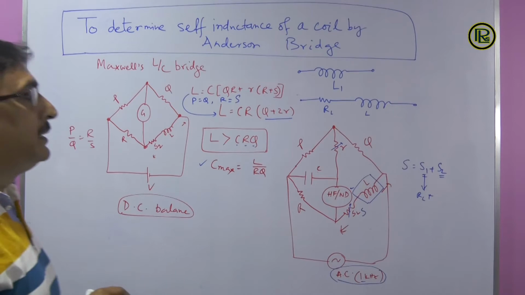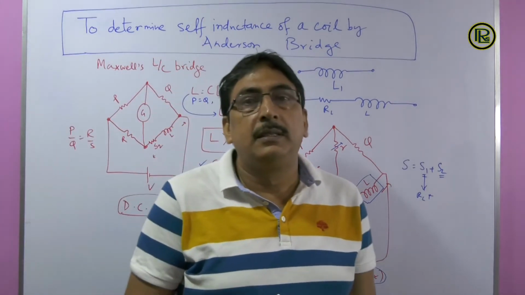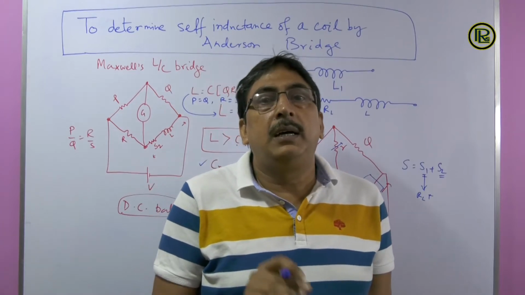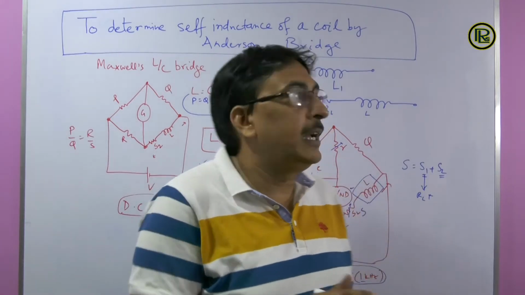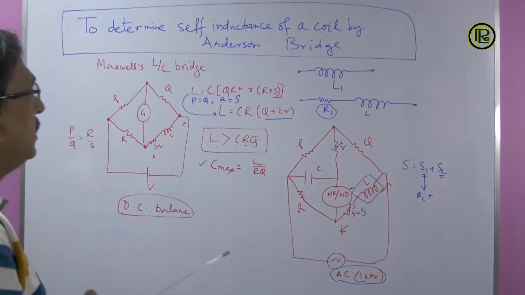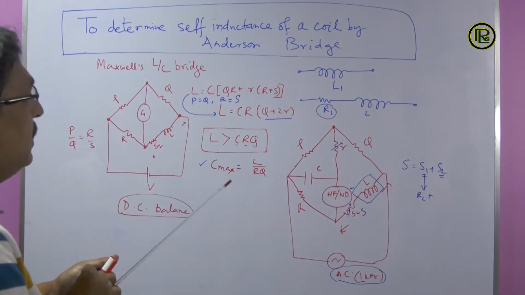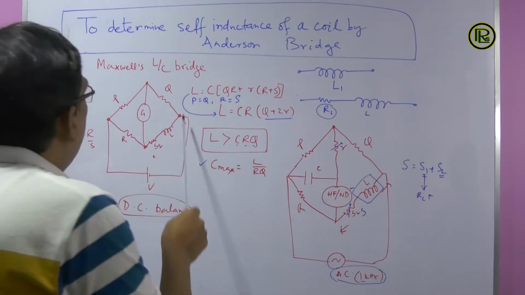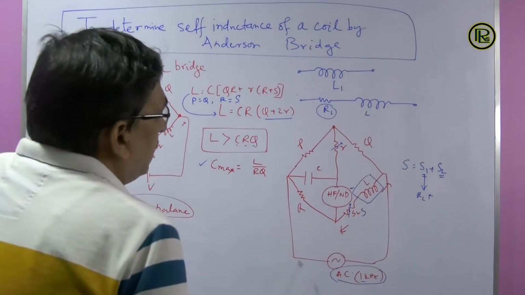So this experiment has two parts. In the first part, we have to find out the resistance of the coil. That means this RL value we have to find out. To find the RL value, we try to get the DC balance in this circuit.